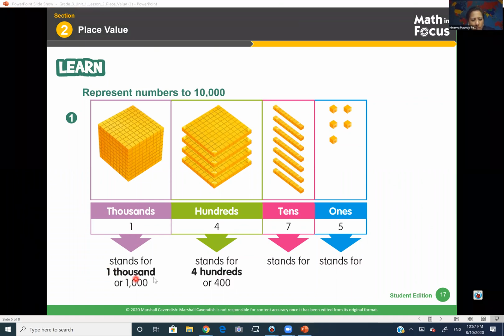This is in word form, digits and words, and 1,000 in numbers. Now the digit 4 stands for 400. The digit 7 stands for, let me just click here, 7 tens or the value of 70. And the 5 ones stands for 5 ones. So far, I think this is very clear.